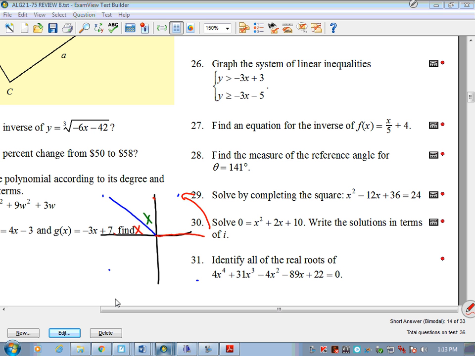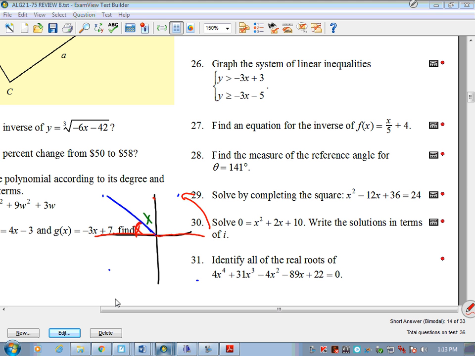Always, always, always in the red zone. It will always be the angle between the terminal side and the x-axis. Always. If you're ever finding the angle between my blue and my y-axis, you've done it wrong.